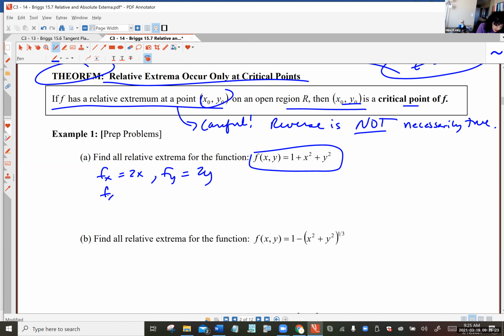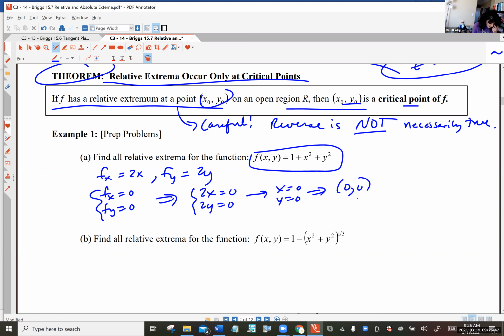Now, when I simultaneously set both of these partials equal to 0, that's how you find critical points. It's not even a very exciting system of equations. You're just going to have x equals 0 and y equals 0. In other words, the point (0, 0) is a critical point.